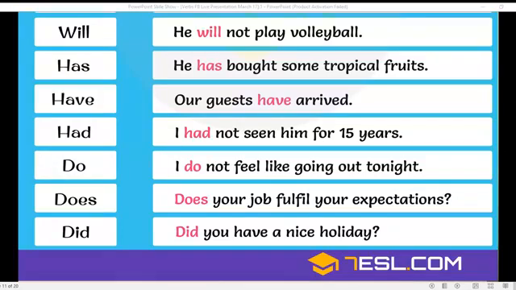So actually has is also used if the subject is in a singular form. Next, we have, our guests have arrived. So the subject is our guests, and we are using the past form arrived.